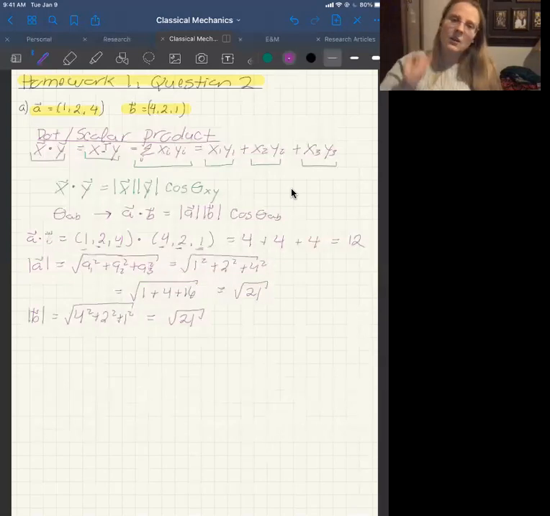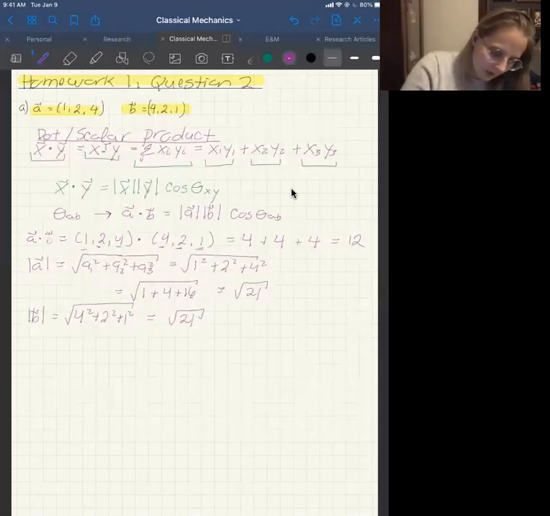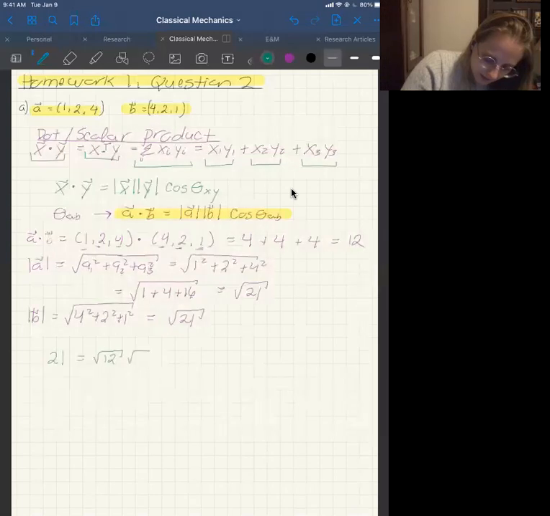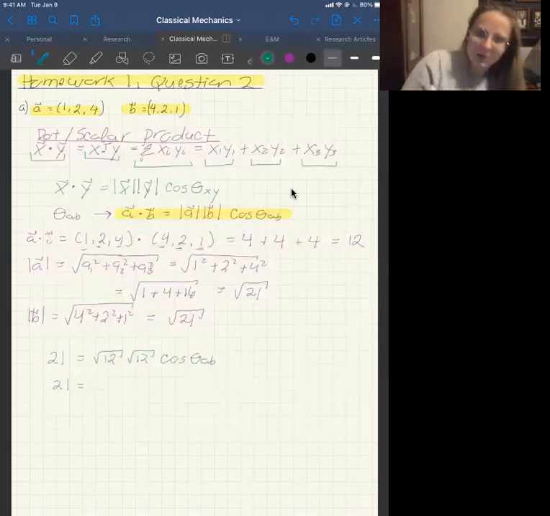Now plugging all of these values back into this equation here, we get that 21, which is the dot product, is equal to the magnitude of vector A times the magnitude of vector B times the cosine of the angle AB. So 21 is equal to the square root of 21 times the square root of 21, which is just 21, times the cosine of the angle.